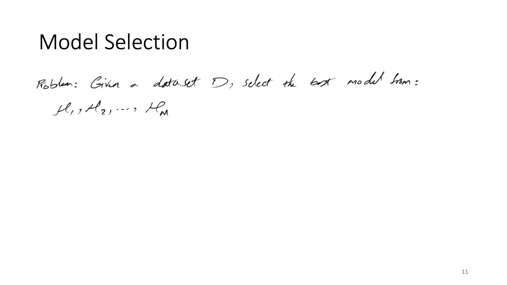So the problem here is, given a data set D, select the best model from your hypothesis set. So pick one of those, H1 up to HM. Each of these H's could contain a set for themselves, right? We are talking about the generalization case. They have their own small H's inside, right? Which one do we pick?